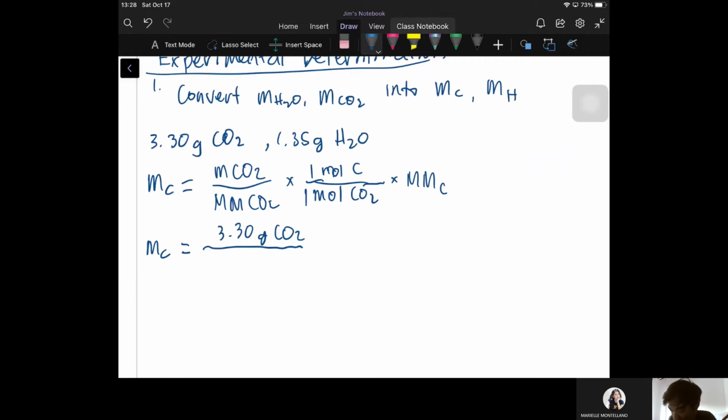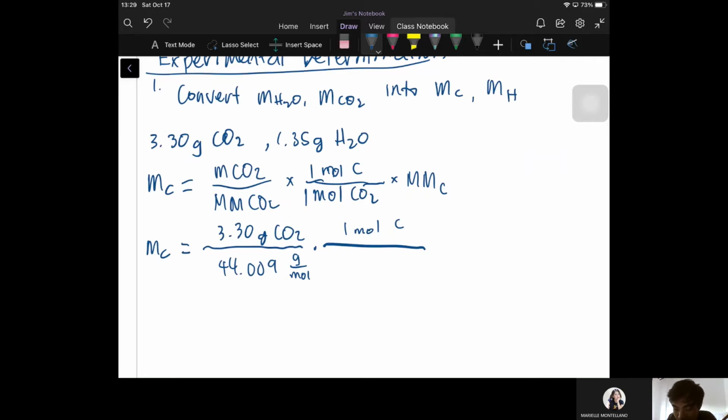Teka lang. Molar mass ng CO2 is 44.009 grams per mole. Pwede nyo na rin gamitin yung molar mass, no? Kopyahin nyo na lang talaga. Ang papalitan nyo lang itong mga mass lang na to.